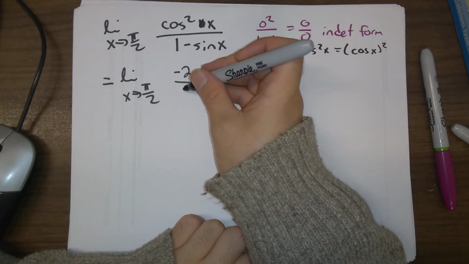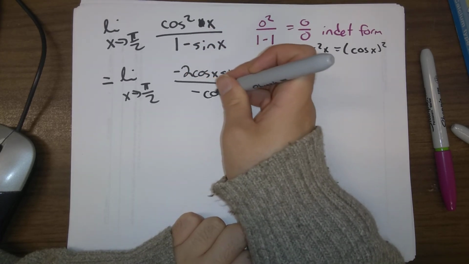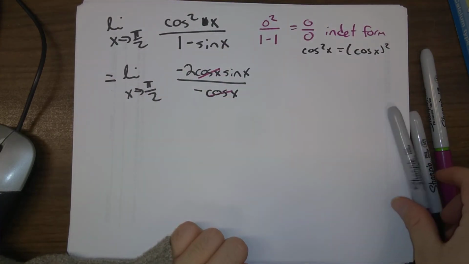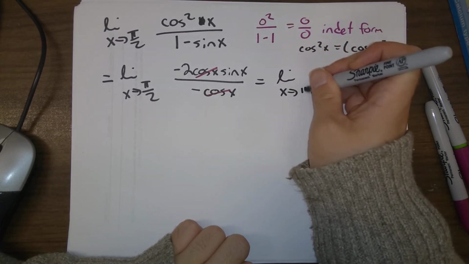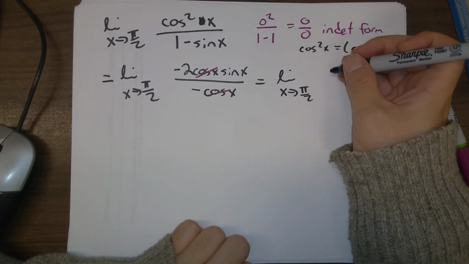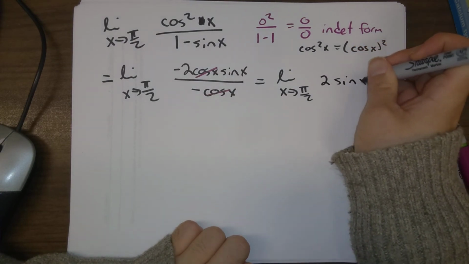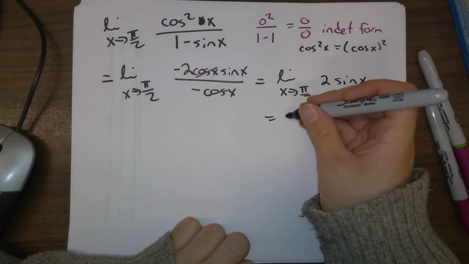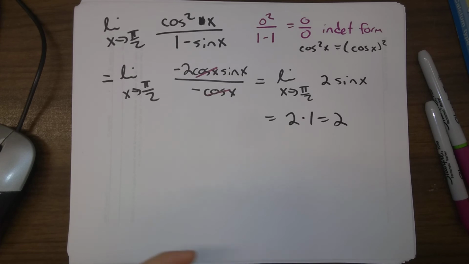And downstairs we have the derivative of 1, which is 0, minus cosine x. And hooray, we can cancel out factors of cosine x. And so we're just left with the limit as x goes to pi over 2 of, we can cross out those minus signs, just 2 sine x. So what's the limit of sine x as x goes to pi over 2? That's 1. So 2 times 1 is 2. So there is our final answer.